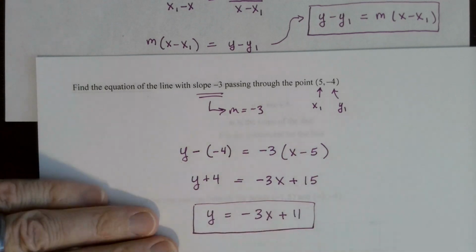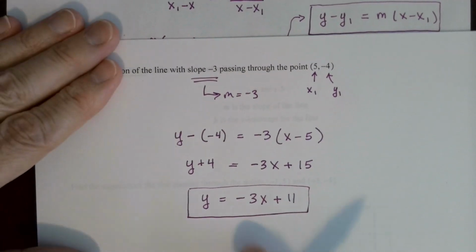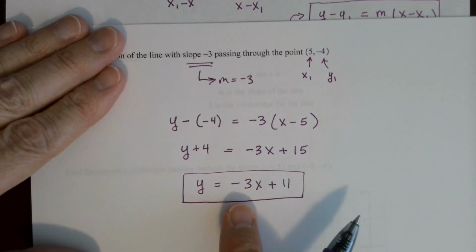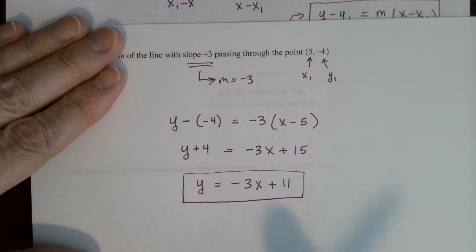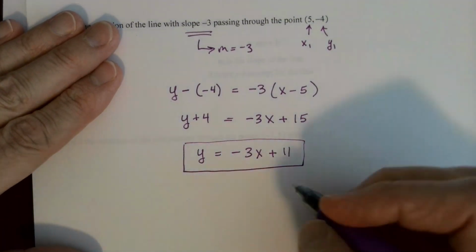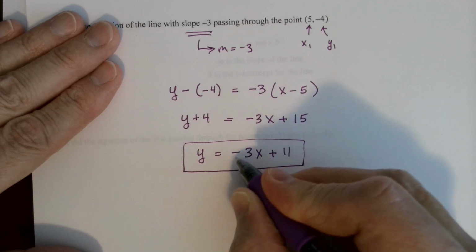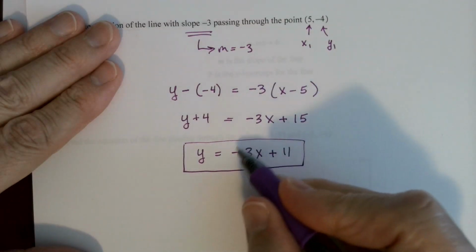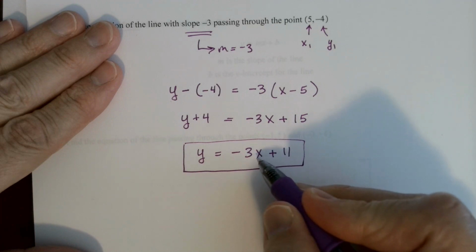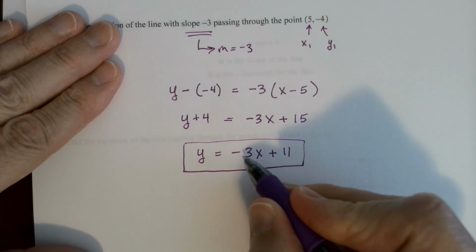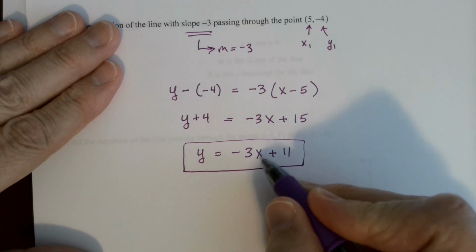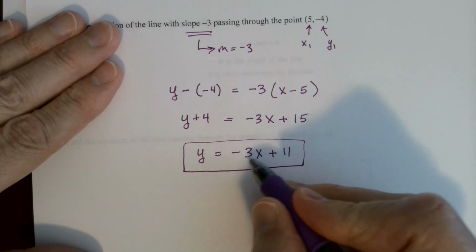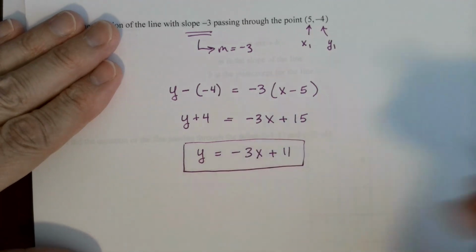Now this equation is not in point slope form, but it is in what we call slope-intercept form. And you'll notice right here that negative 3 is the slope of the line, and that's the coefficient in front of x. And that's important, because the slope tells us that for every change in x, it's going to multiply by negative 3 to get the resulting change in y.